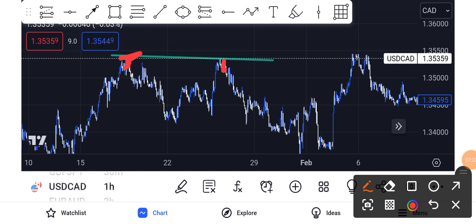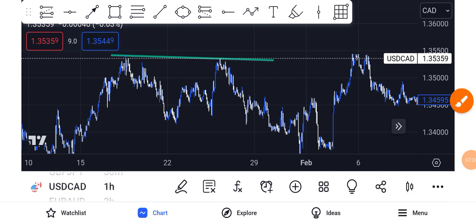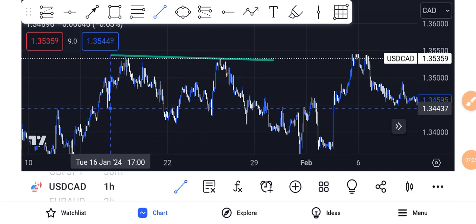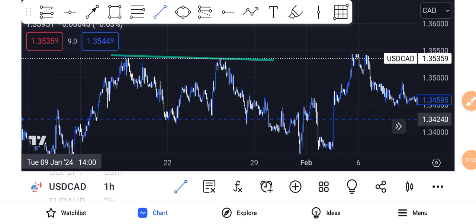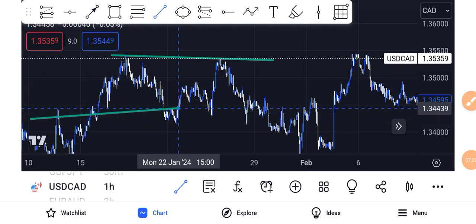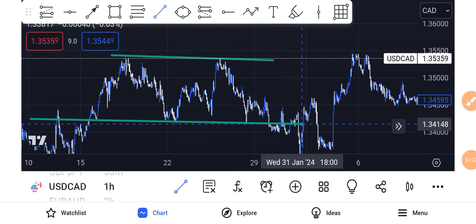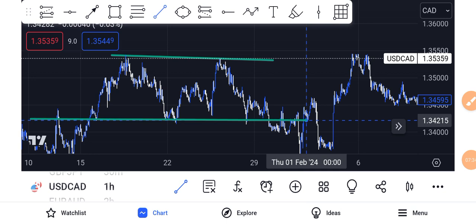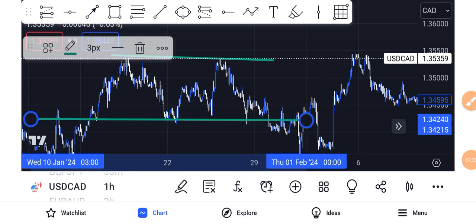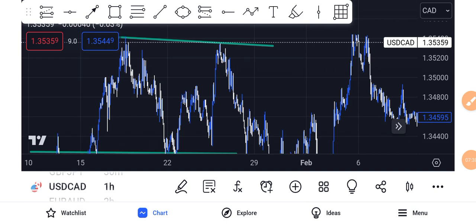Hits, it bounces. And here is a support level. That's why I told you it's a zone. It's a zone. Whenever the market gets to the zone, there is a reaction.